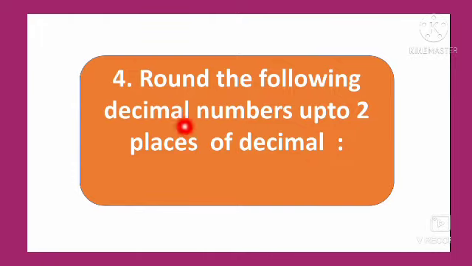Here in the problem, it's asked up to 2 places of decimal. So after the decimal point, 2 places of decimal means rounded to the nearest 100th place.